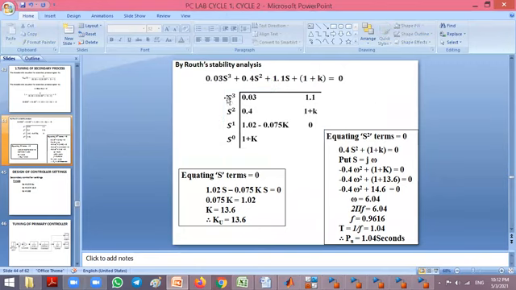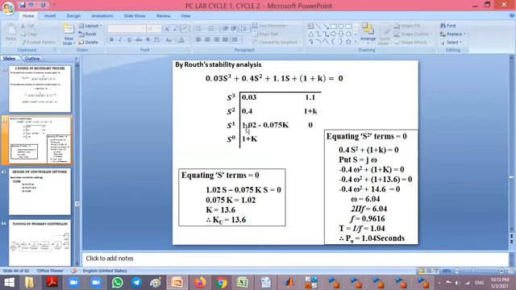S cube is the highest power, so you write S cube. So 0.3 is the coefficient of S cube, and then for S, the odd powers, it is 1.1. Next you go to the S square term, the even powers. For S square it is 0.4, and the constant is 1 plus k.